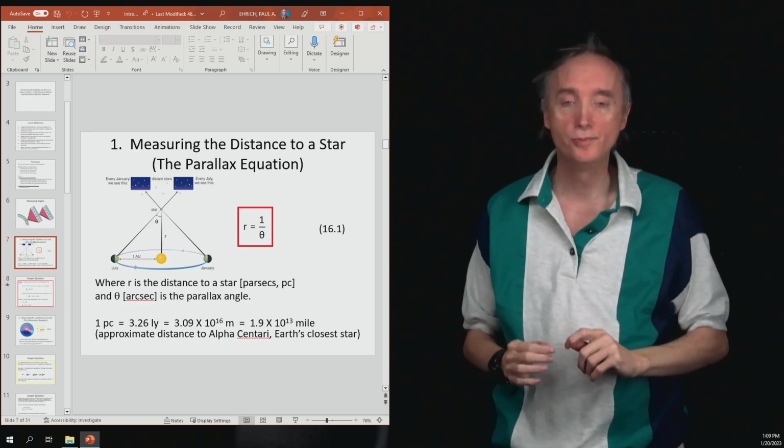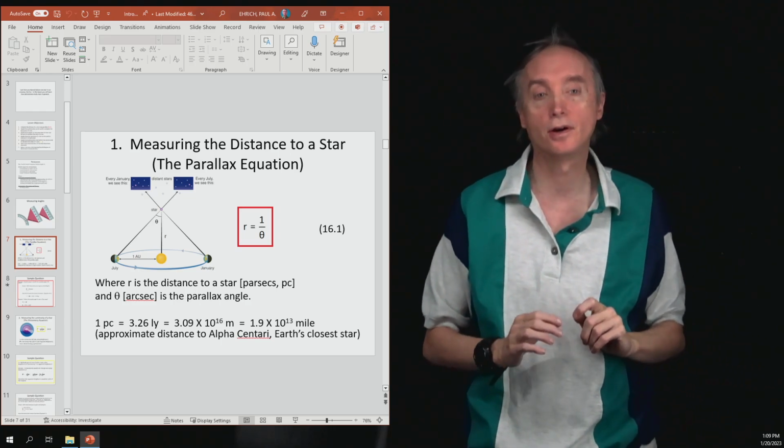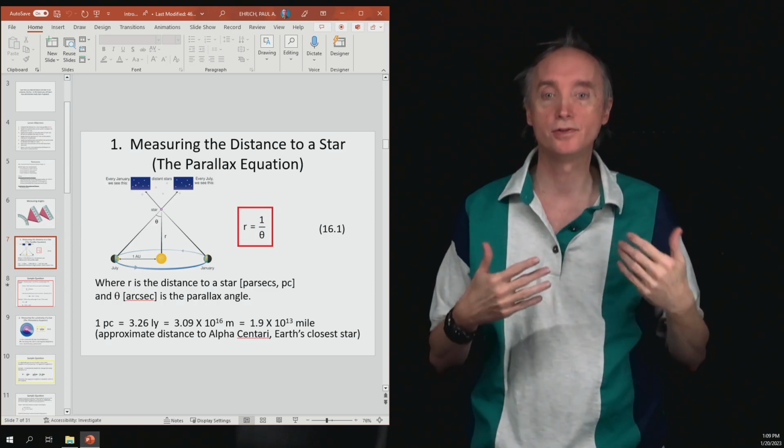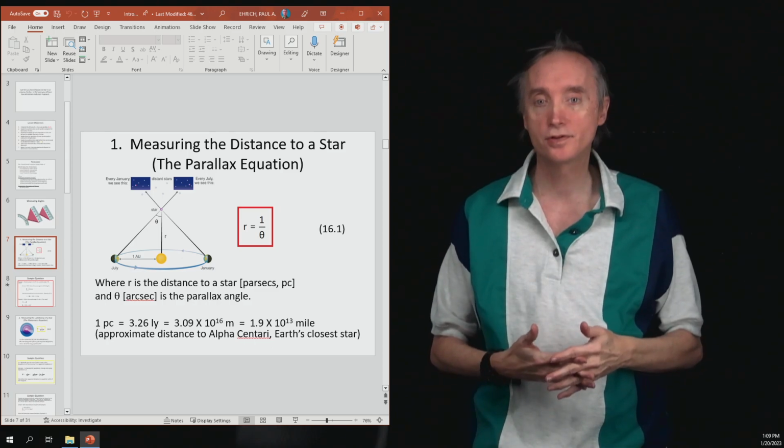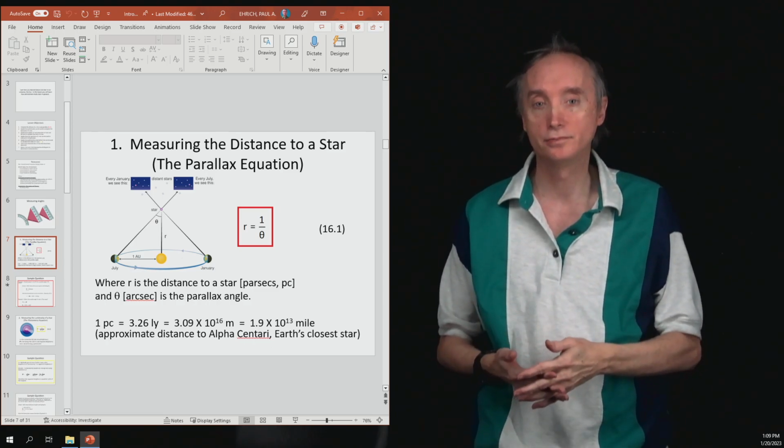So what we do is we take a picture of the star, let's say in January, and then we take another picture of the star in July.